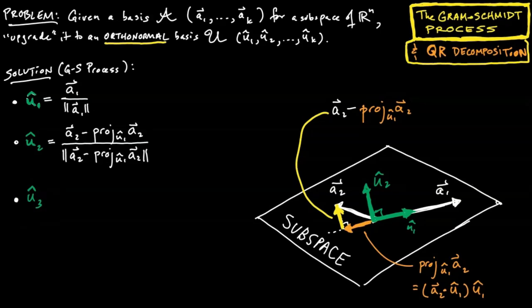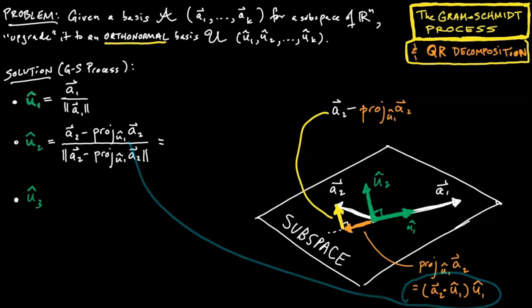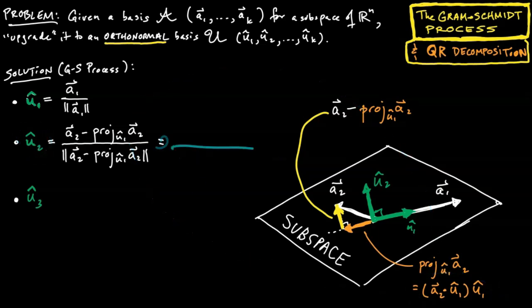Before we start down that path, let's return for a moment to u2 and rewrite this expression in another form. After all, we said that this projection can be written in the form we discovered in the last video. So if I substitute that in, we would have that u2 is equal to a2 minus, in place of this projection, a2 dot u1 times u1.